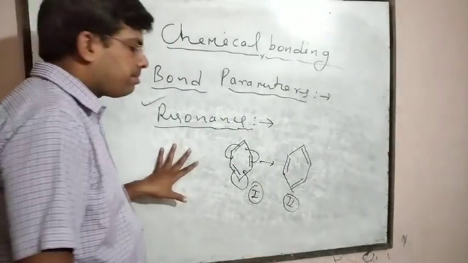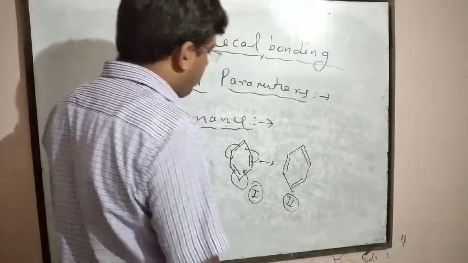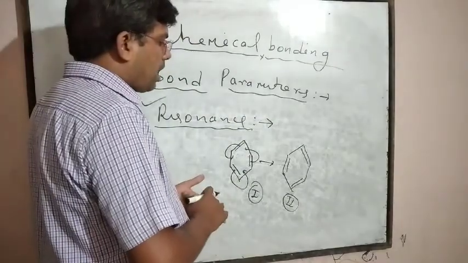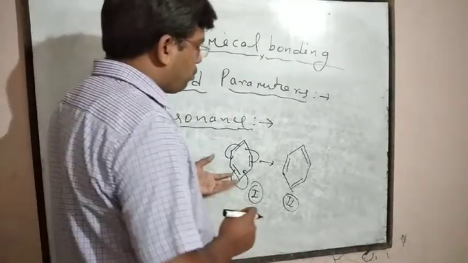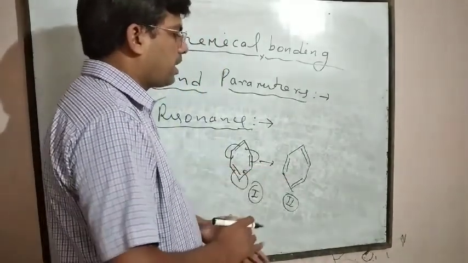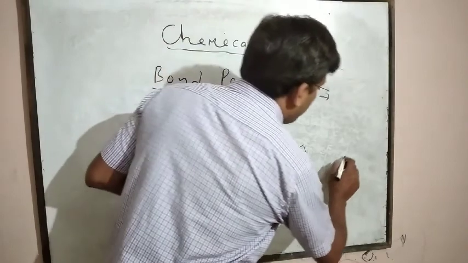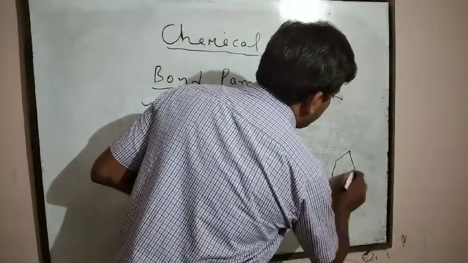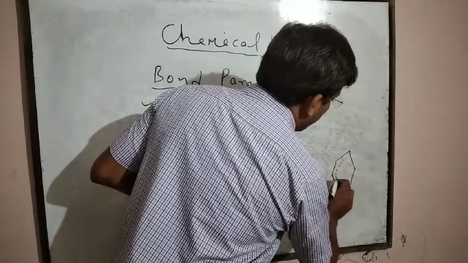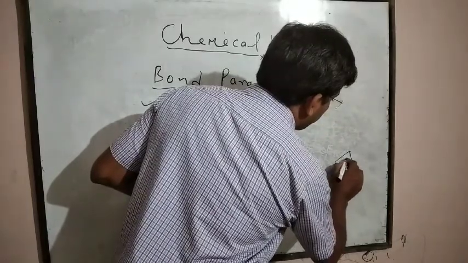Now what happened? Delocalization of pi electrons is able to show two canonical forms, first and second. The hybrid form is this one, in which the pi bond is rotating.